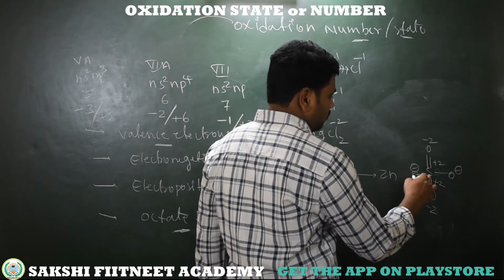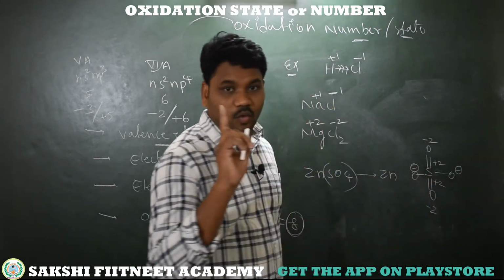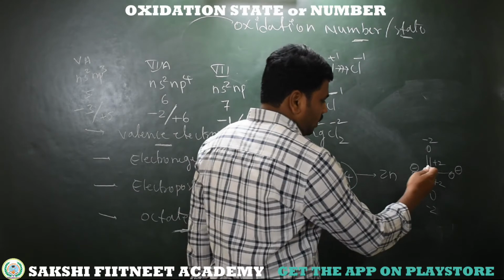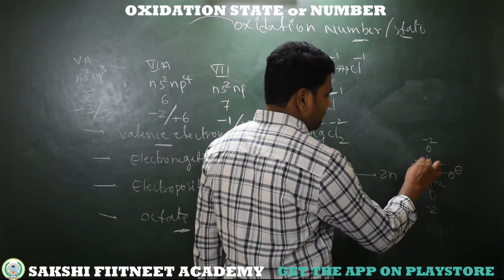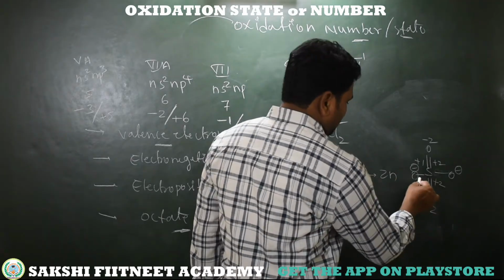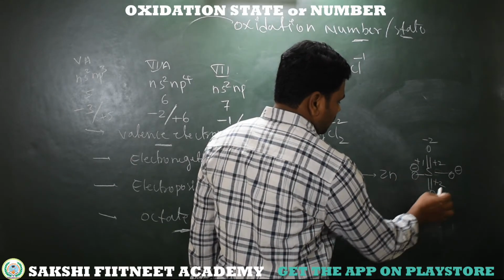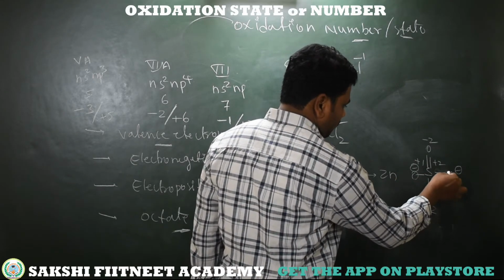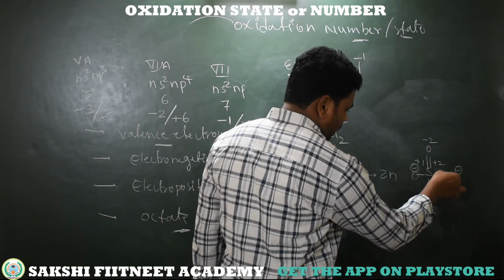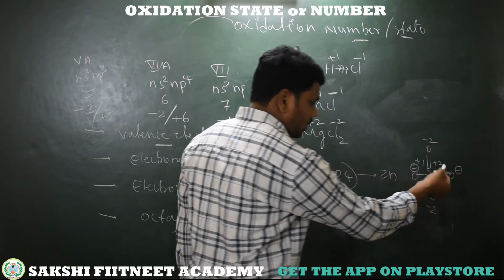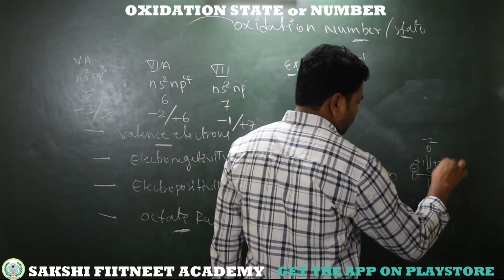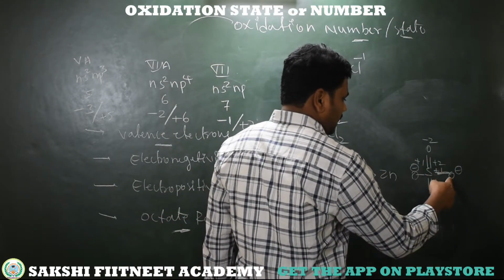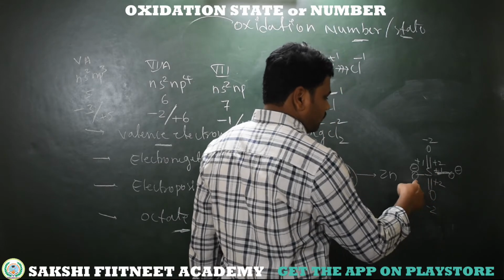See here, oxygen bonded to sulfur, only 1 sigma bond, so only 1 electron is pulled towards oxygen. So with respect to this oxygen, it's +1. With respect to this oxygen, see here, only 1 bond. So 1 bond is with a more electronegative, so it exhibits only +1 oxidation state. Oxygen gains 1 electron from this sulfur, 1 electron from this sulfur.